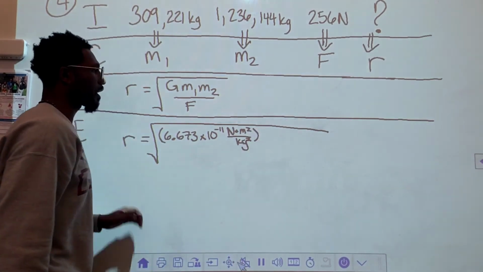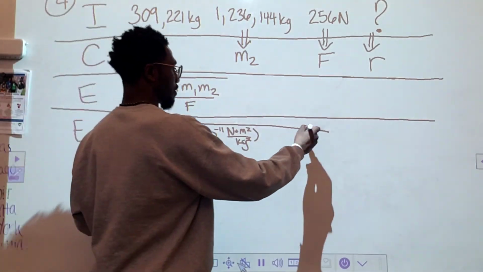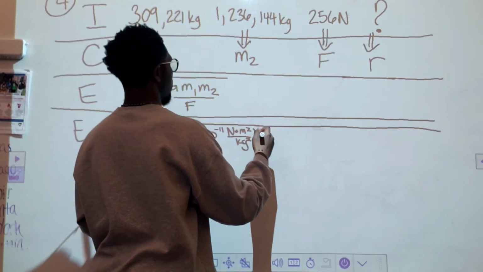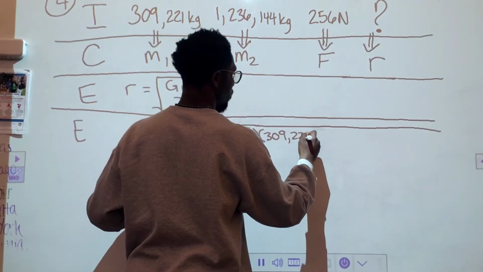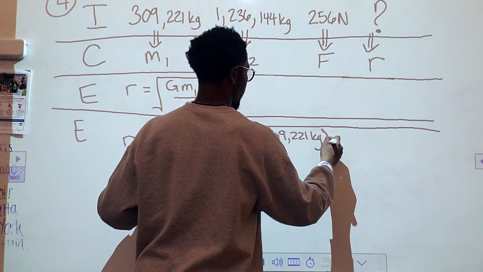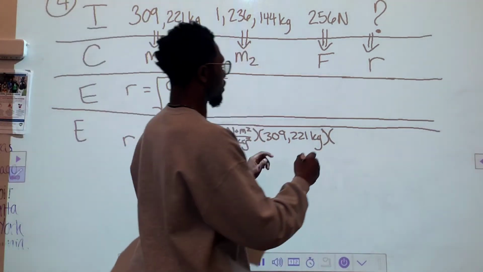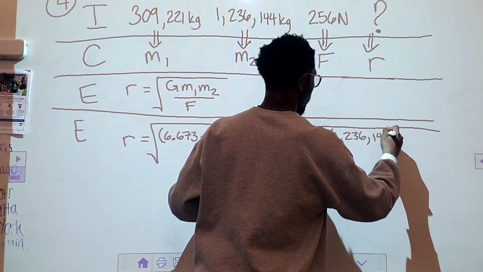All right. Now we're going to multiply by mass 1, mass of object 1. Need to draw a longer sign. Mass of object 1 is 309,221 kilograms. All right. Now we do mass of object 2, which is 1,236,144 kilograms.